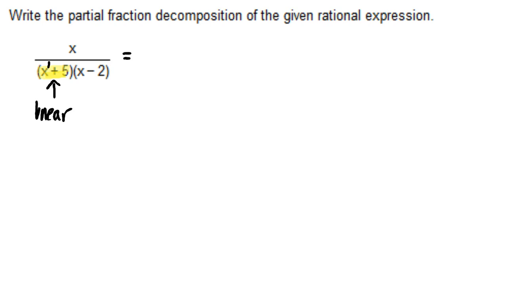With a linear factor, you're going to have a fraction with a constant as the numerator. The next factor is also linear, and we'll set the next fraction up in the same way.